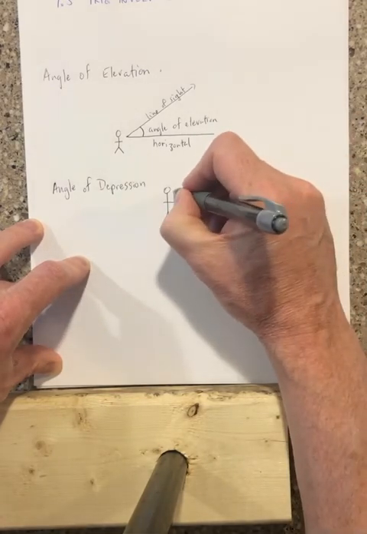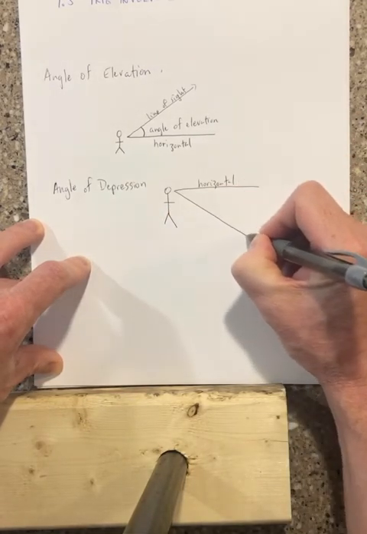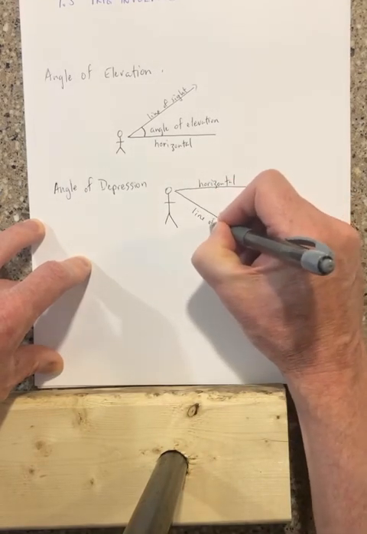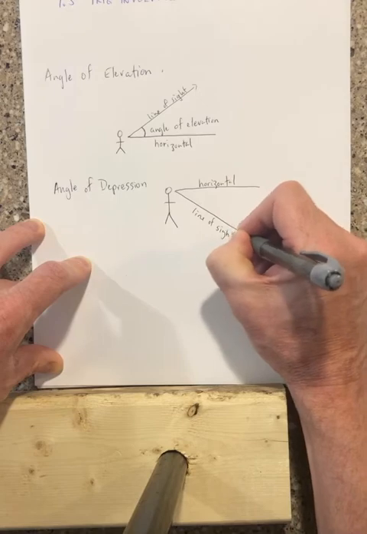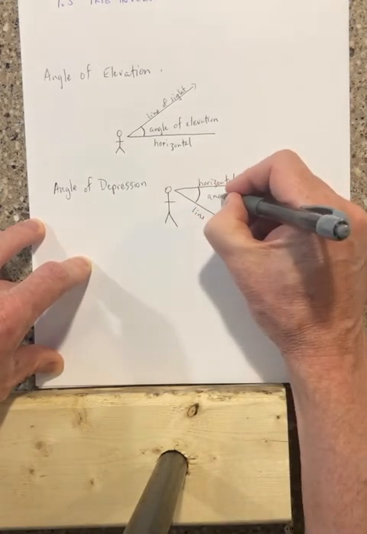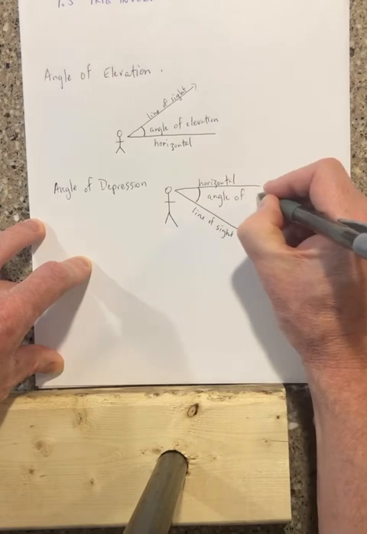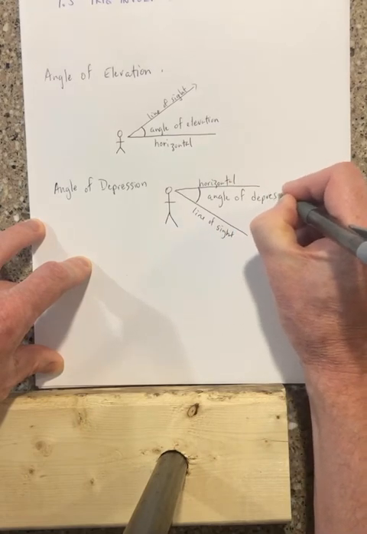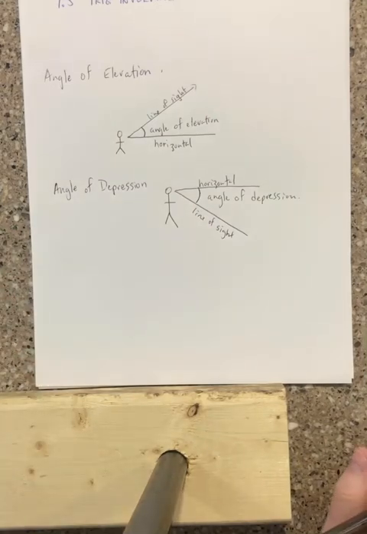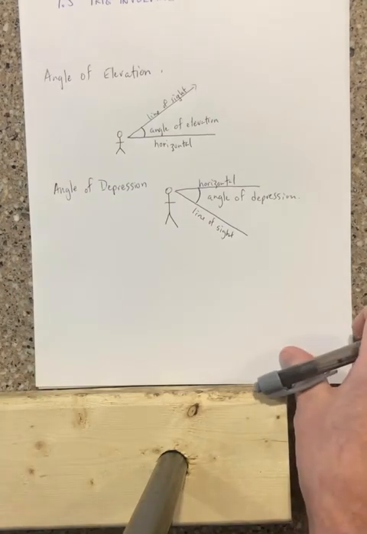And if I'm looking down at the ground or down a hill at something, this becomes my line of sight. This angle here from the horizontal is the angle of depression. So that's the terminology, or the two concepts, that we have to understand for today's word problems.